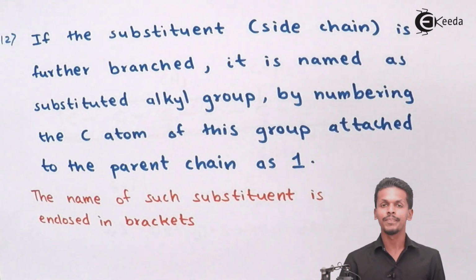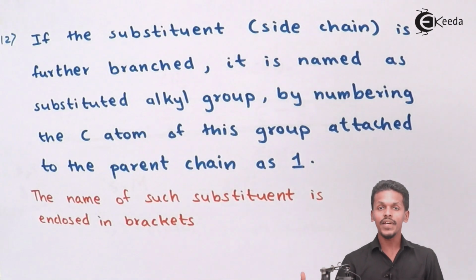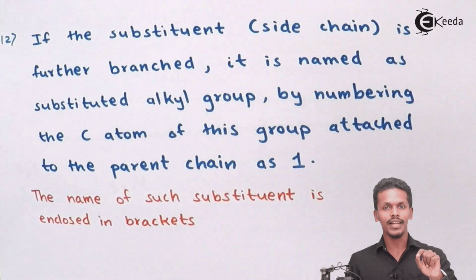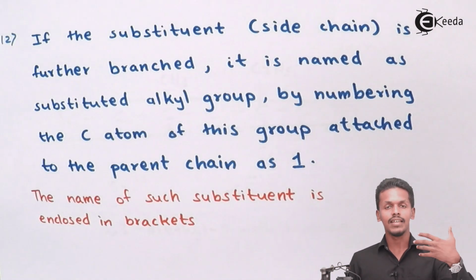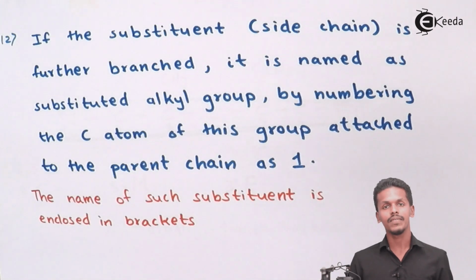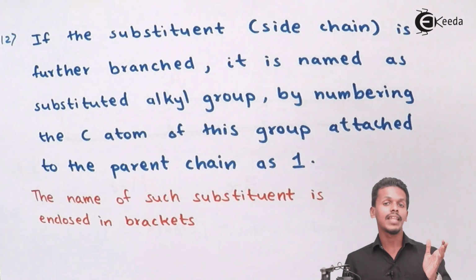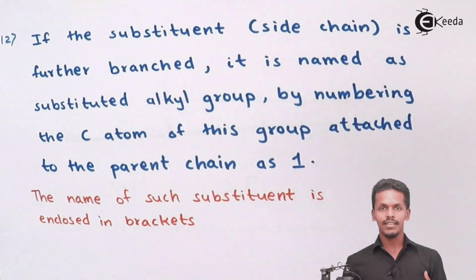Then we number that side chain's carbon atom which is attached to the parent carbon atom as 1, and then we decide on whatever other branch it has, and name it in that manner. I'll explain this with an example.